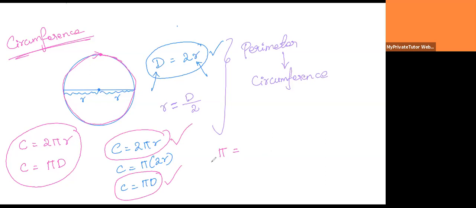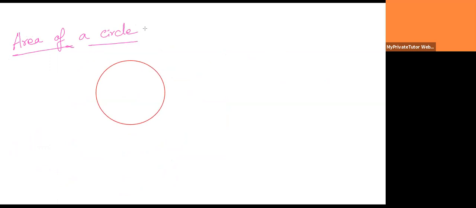So the next thing, before we solve some questions, let's try to learn the area. What is the area of a circle? I hope you understand what circumference is, and its formula. Circumference is nothing but the distance around the circle.